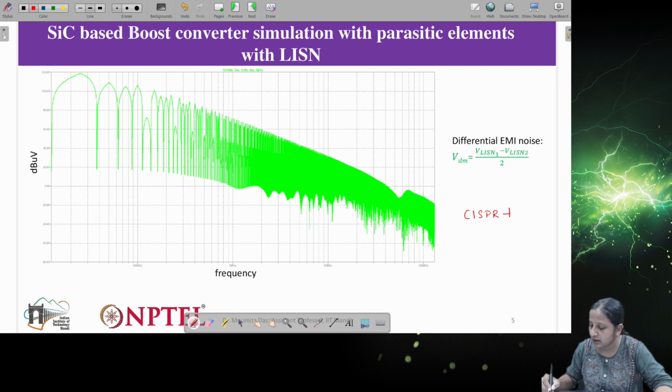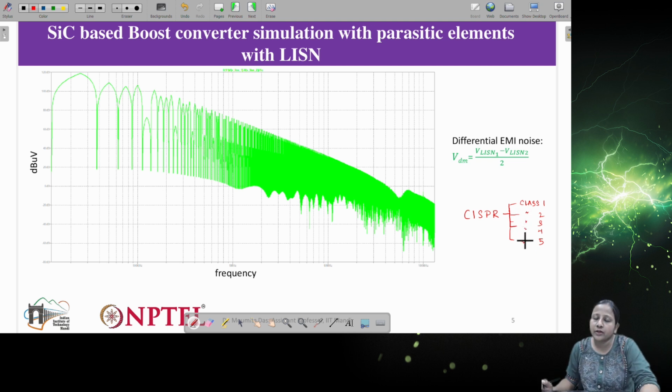It also has different classes: class 1, 2, 3, 4 and then 5. What does it tell? Class 1 means it has a much higher magnitude. The standard has an initial magnitude of around 100 dB in class 1, and in class 5 it is around 50 dB, right?